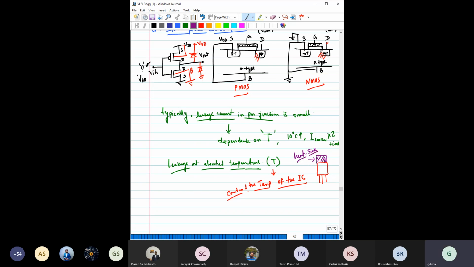You have to do this, otherwise the junction temperature inside this device will be so high that your power dissipation will dramatically increase. That will also deteriorate the performance of this device, because mobility is a strong function of temperature. If the temperature is increasing, mobility will also degrade drastically, right? So you should have a proper heat dissipation technique.